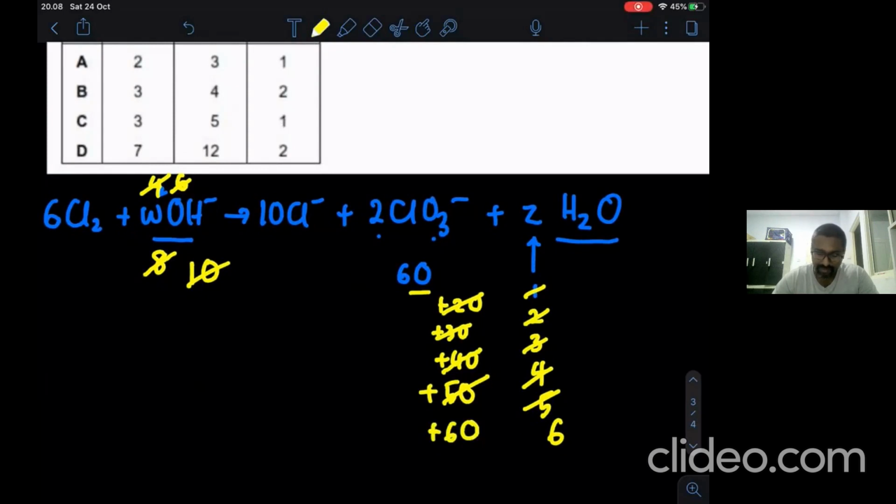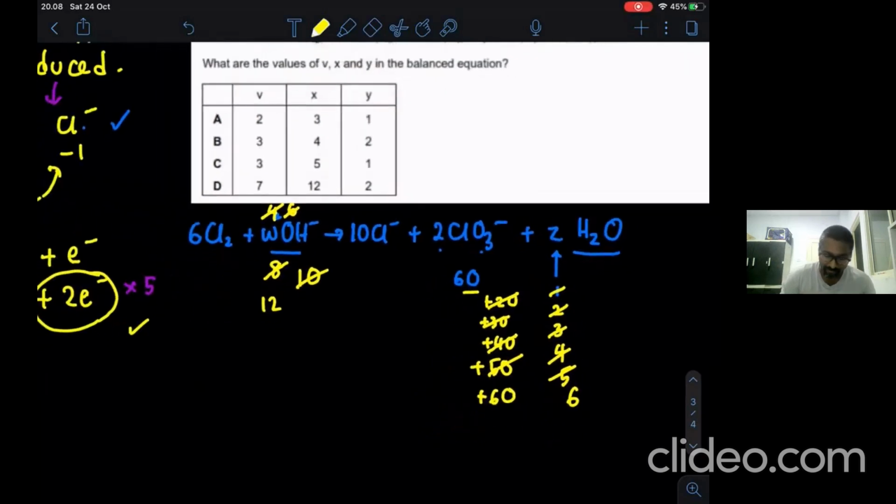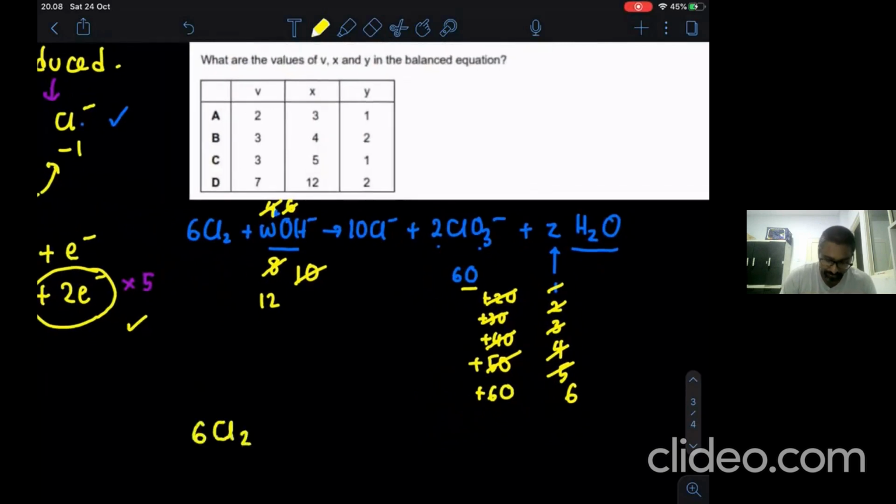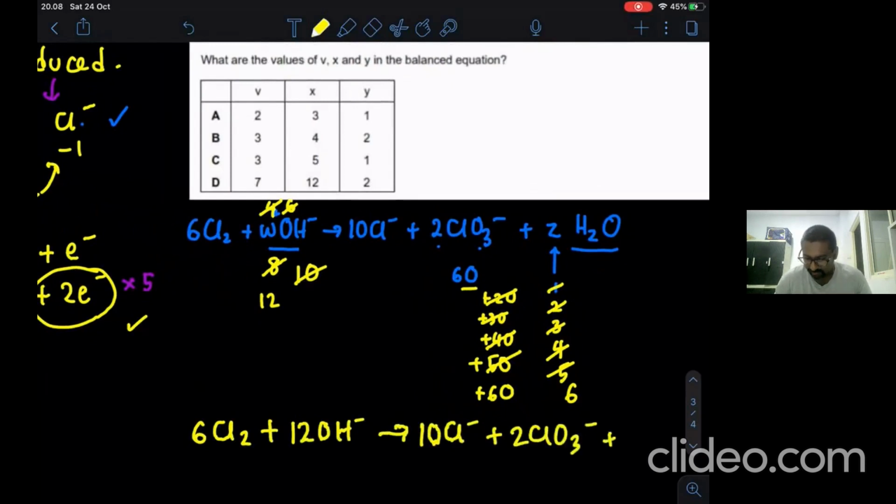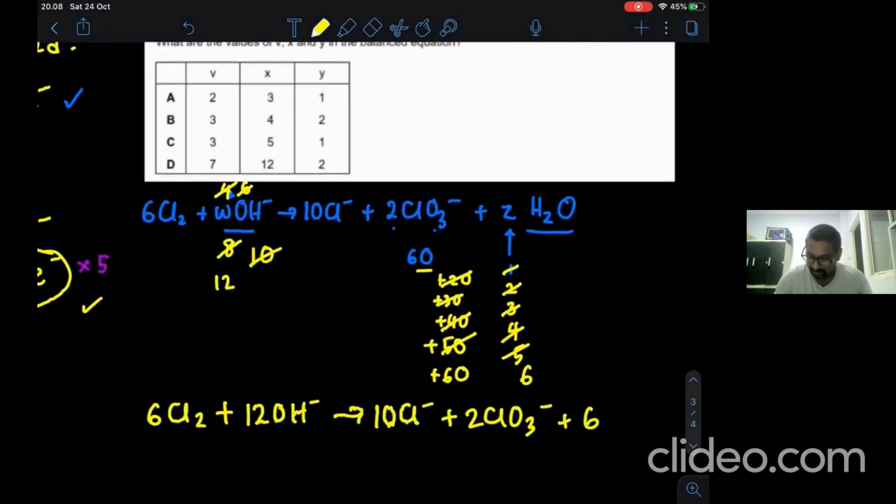If I put 6, I'm going to have 12 hydrogen there, so I'll put 12 here. If I put 12, there's 12 oxygen. So it's balanced now. So it's trial and error. What I found out is I am going to get 6Cl2 plus 12 OH minus to give me 10Cl minus plus 2ClO3 minus plus 6 H2O.